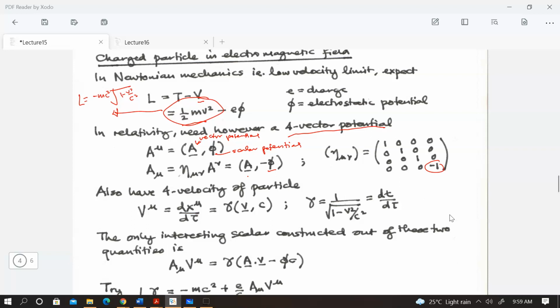But this one again will need to be replaced by something which is a Lorentz scalar. Your gauge potential over here is not a Lorentz scalar, it's a four-vector. So what we need is to make the contraction of this four-vector with another four-vector, and the natural candidate will be your velocity.